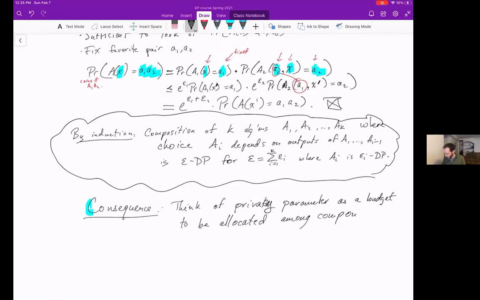And that's often a really useful kind of mental metaphor to have. Although one of the exercises we'll do in class is thinking about when that's not quite the right mental model, but generally thinking of the privacy parameter as a budget to be divided is a useful way to think about things.